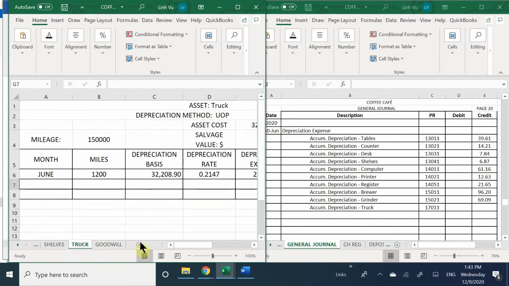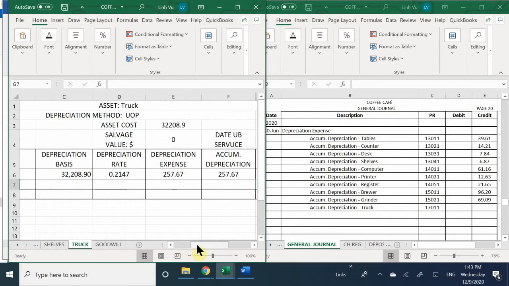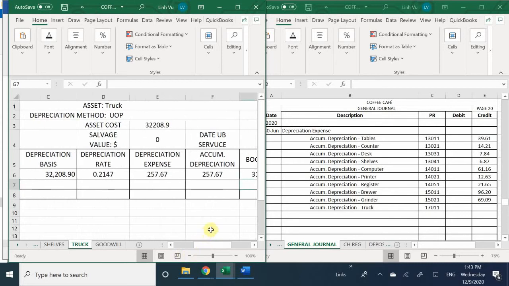Hang on one second. And the amount for the truck is $257.67.